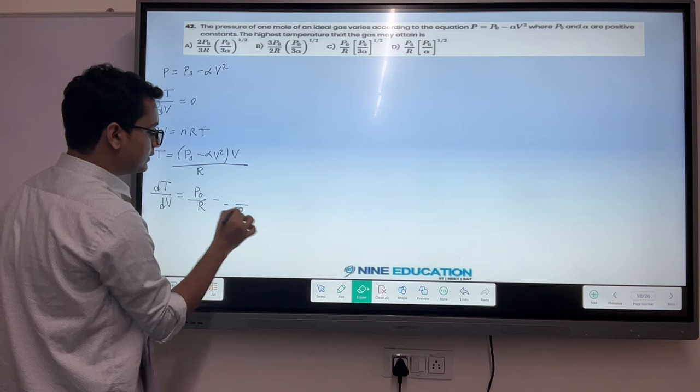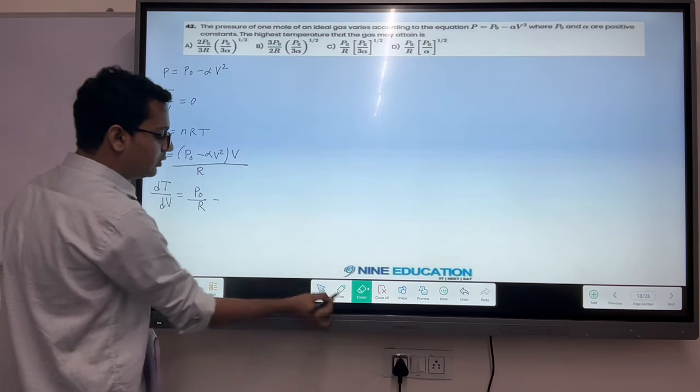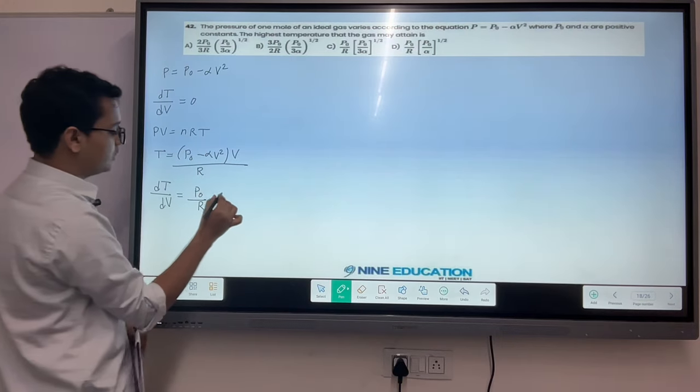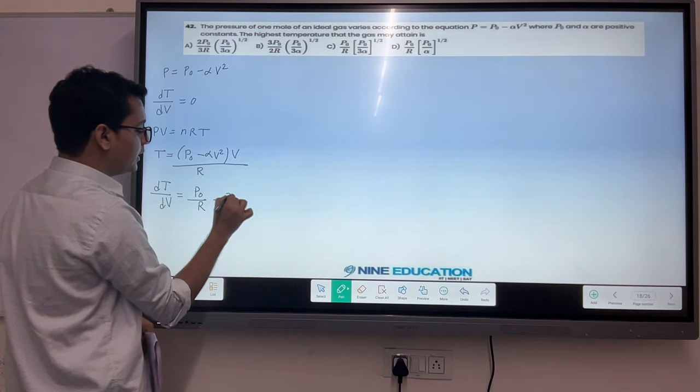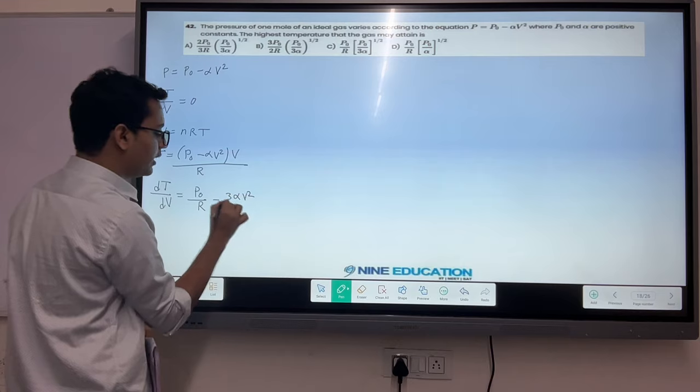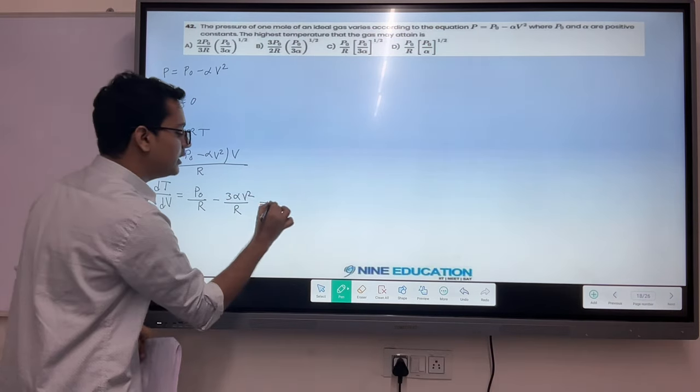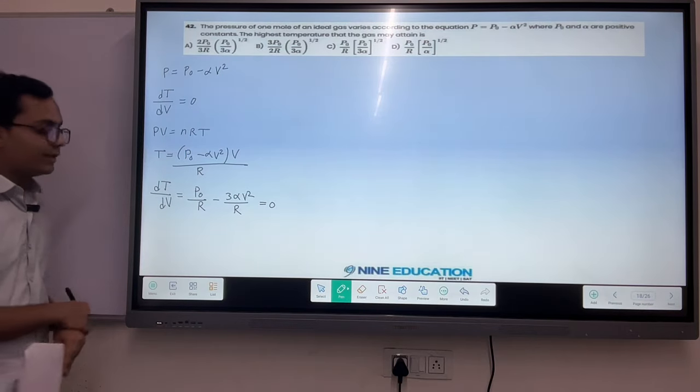If you do this again, you are going to get alpha V cube by R. So this is going to be 3 alpha V square divided by R. If you make it 0, you are basically finding the maximum temperature.